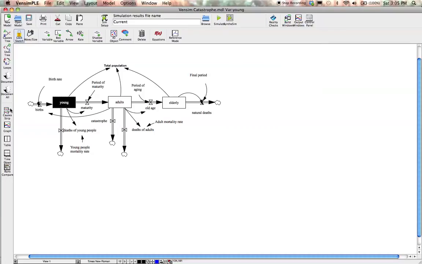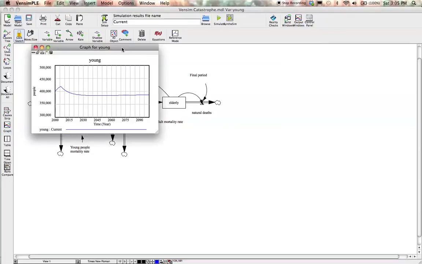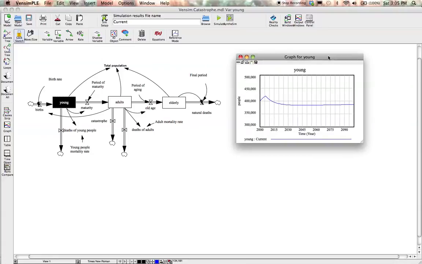Let's take a look at the young. Look at the young and graph it. It's interesting because this is very reflective of what happened. This actually picks up on the signal from the adults. The young are born, they start growing and becoming more as adults reproduce. Then the adults in 2005 take the hit for the catastrophe, and that makes the young population drop after that.